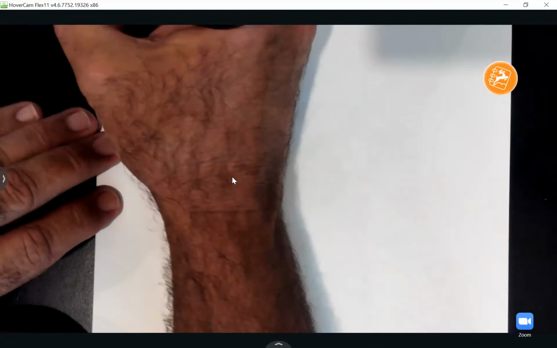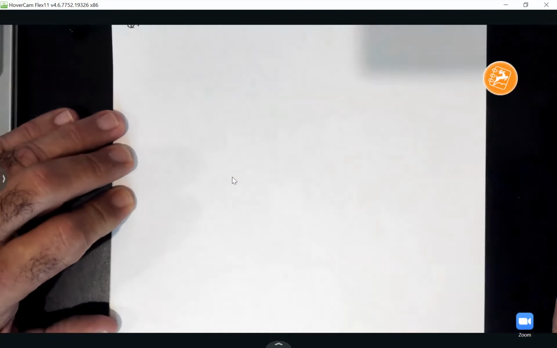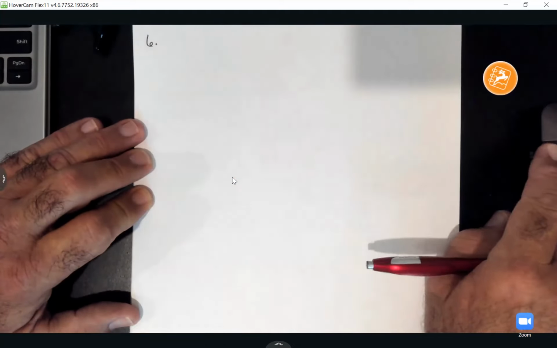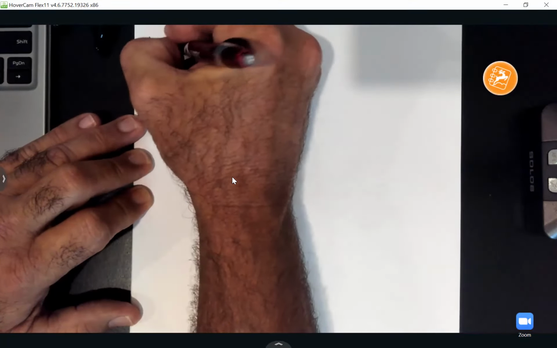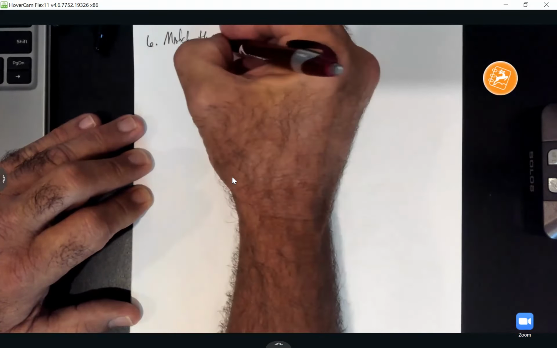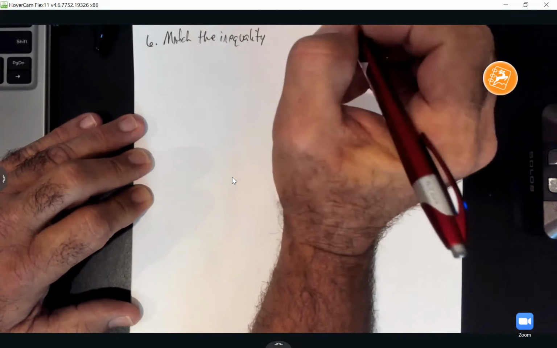All righty, so let me do this number 6. So I'm going to have to shrink my graph back down. All righty. And then zoom her back in. All righty, so number 6 says match the inequality with a graph.